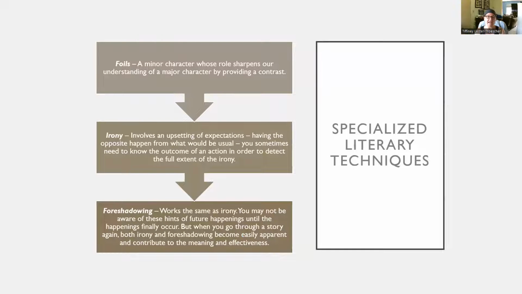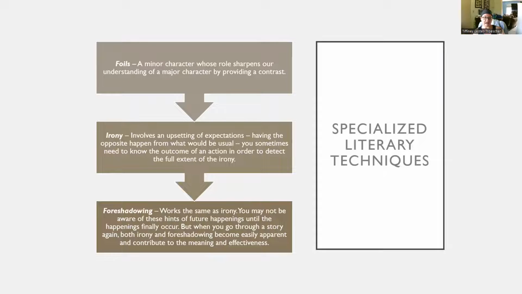All right, we're going to look at some specialized literary techniques. Foils are sort of like the opposite of a character. So you have your main character, and a foil to that character would be a secondary character, a minor character.